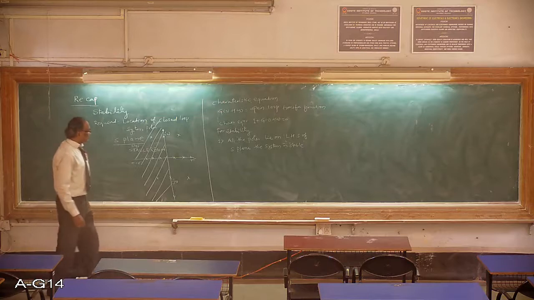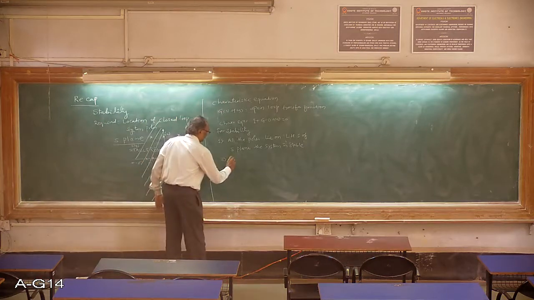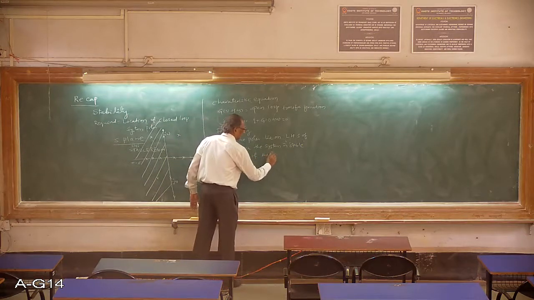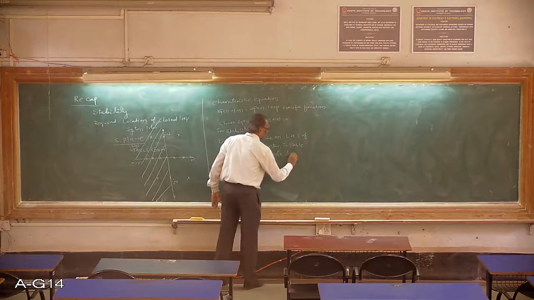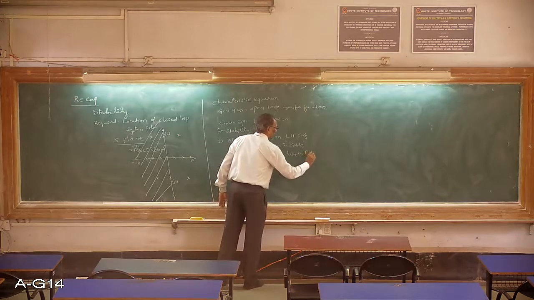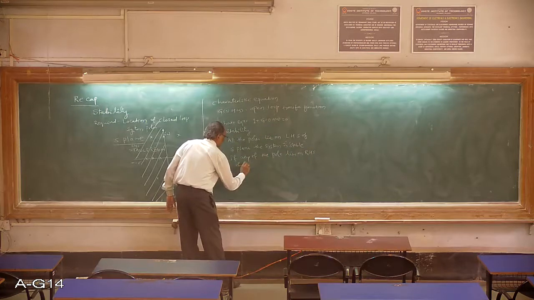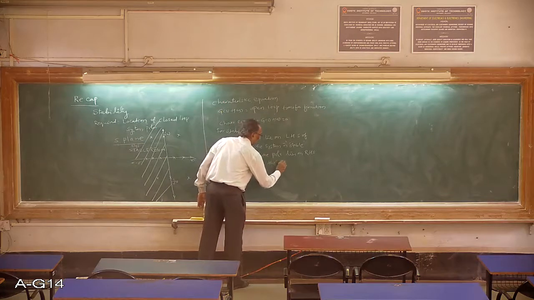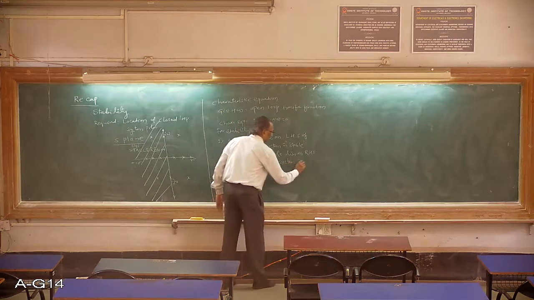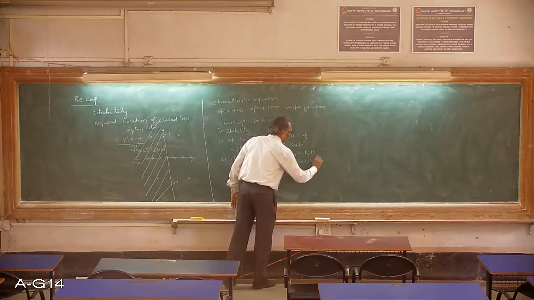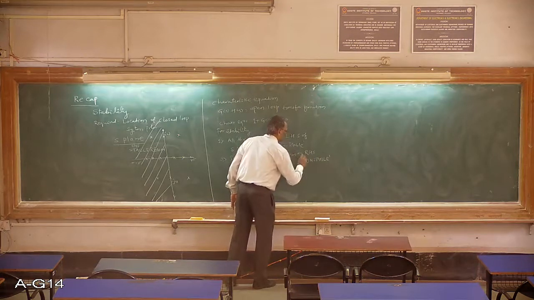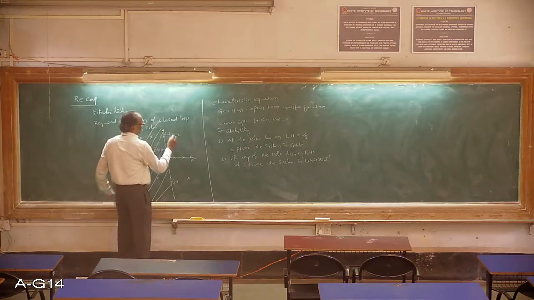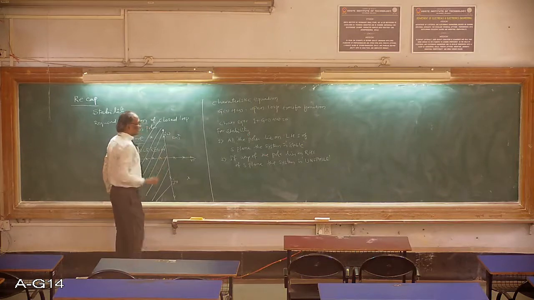Now, if any of the poles lies on the right hand side of the S plane, the system is unstable. The right hand side of the S plane, towards the right of the j omega axis, is the RHS of the S plane.